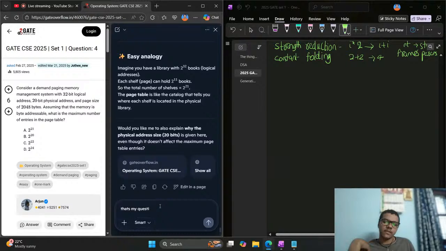Yeah, that's my question exactly. Why give physical address? And you told memory is byte addressable. If that's not the case, what will have happened?